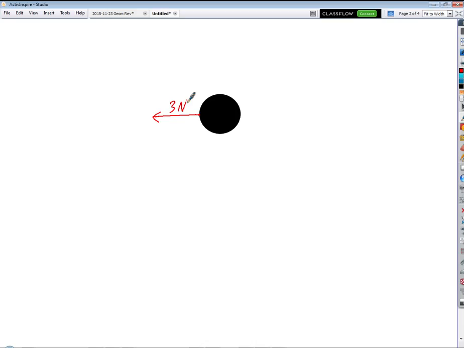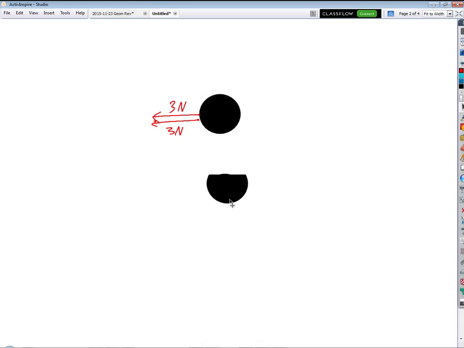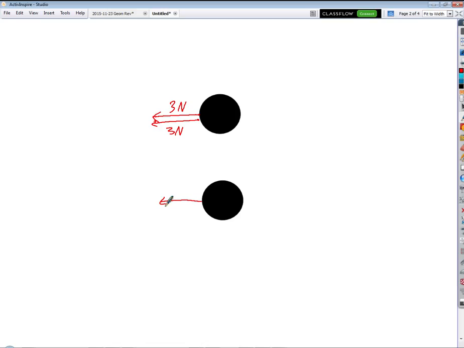So I could represent that with another arrow, just like that. Another 3 Newton. How do we add vectors though? Tip to tail. So it might be better for me to take those two vectors and add them up tip to tail.